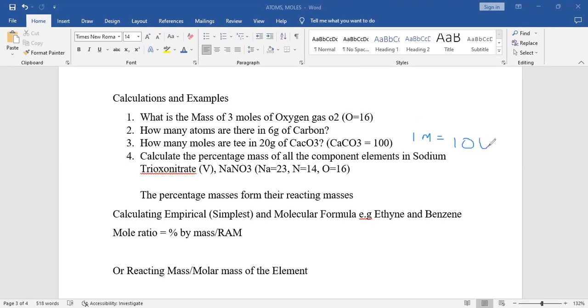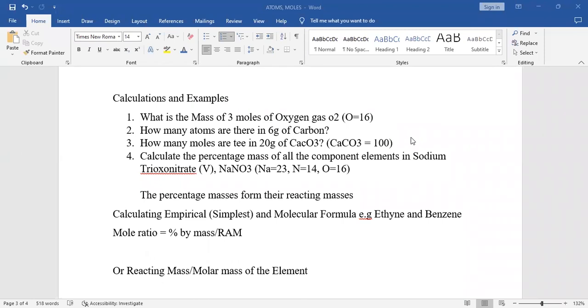Or let's say 100 grams is equal to 1 mole, because that's what they're asking. So they say how many moles are there in 20 grams?